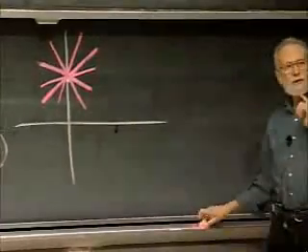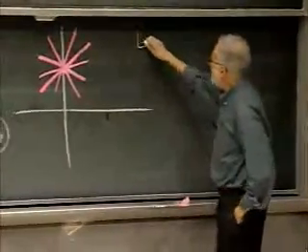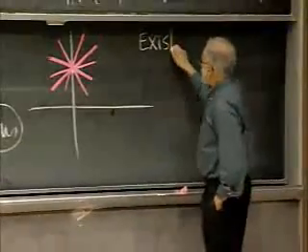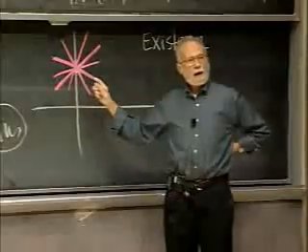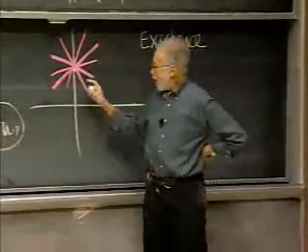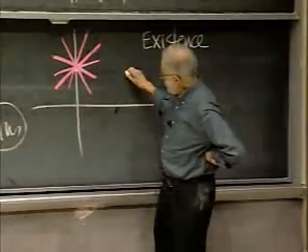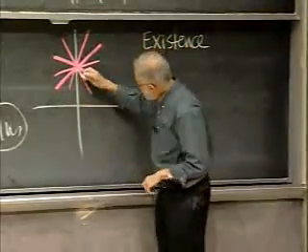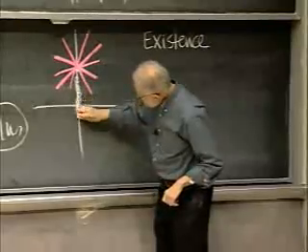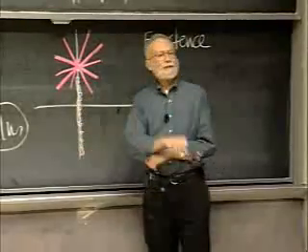Okay, now let me ask, existence and uniqueness. Existence. Through which points of the plane does a solution go? Answer: through every point of the plane, through any point here, I can find one and only one of those lines, except for these stupid guys here on the stalk of the flower.